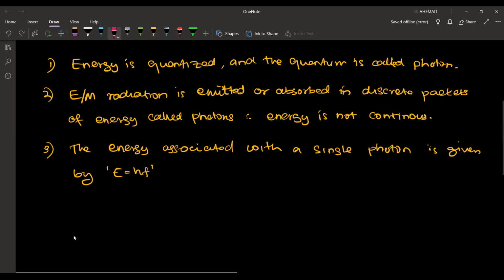So in this equation, this energy is not the continuous energy. This is the energy of a single photon. If we have n number of photons, then the energy is n times E.